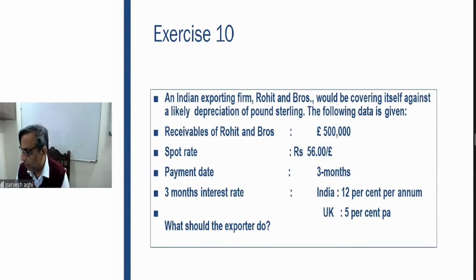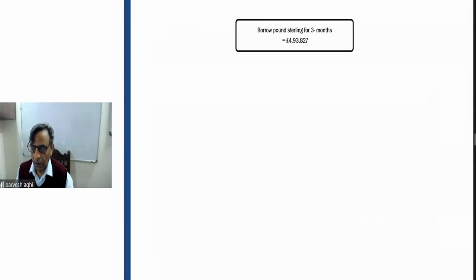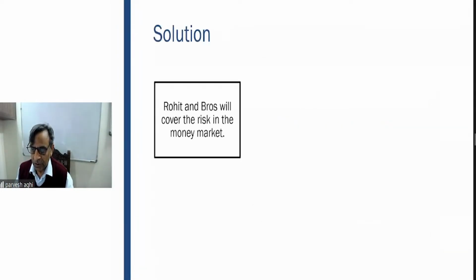We'll check that when we check the answer. Yeah, 56.9, Shailesh, absolutely right. So it will be 56 plus about 1.75%, which is approximately 56.98. Okay. Now I'm just skipping this first. As per the money market hedge, Rohit and Brothers will cover the risk in the money market.